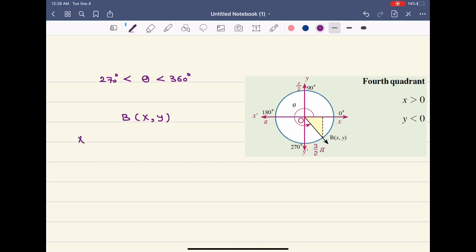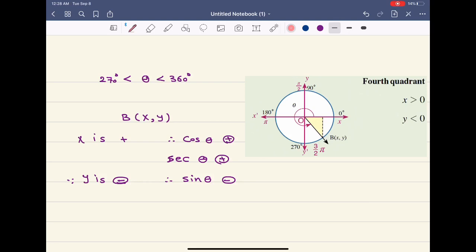X is positive, therefore cosine theta is positive and its reciprocal sec theta is positive. And since y is negative, therefore sine theta is negative.